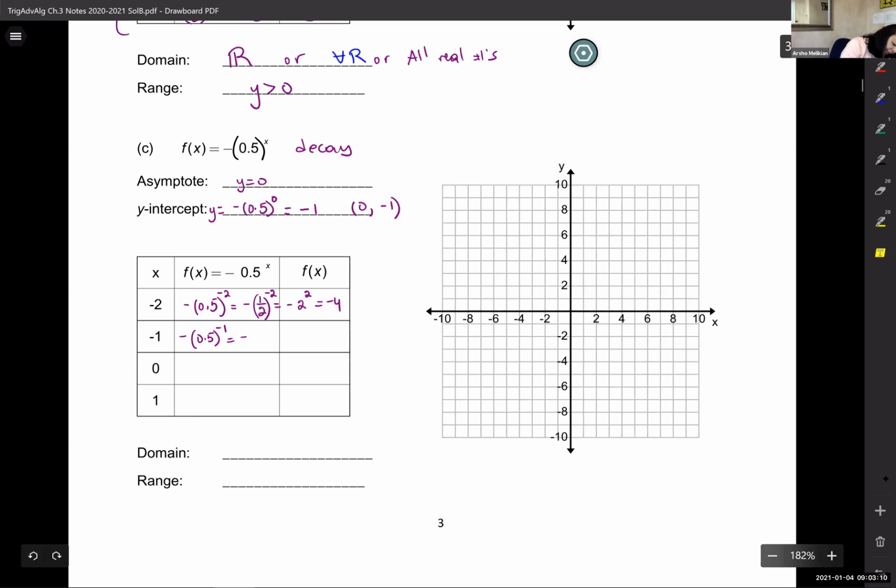So this one is -1/2 to the 1, -1/2. -0.5 to the 0 is -1. Yes, -1. -0.5 to the 1 is -0.5. Okay?